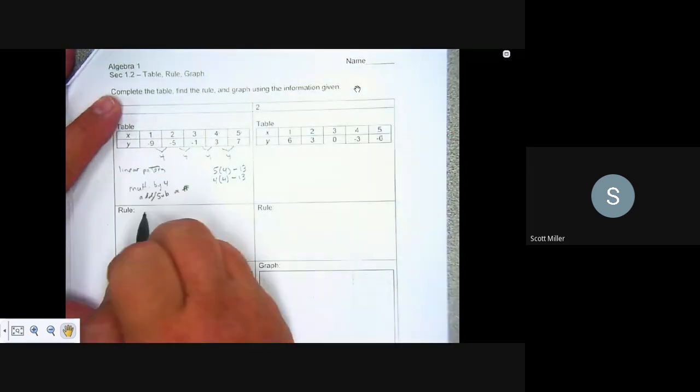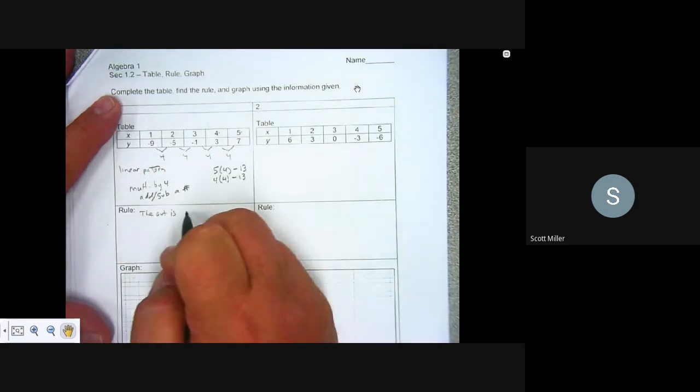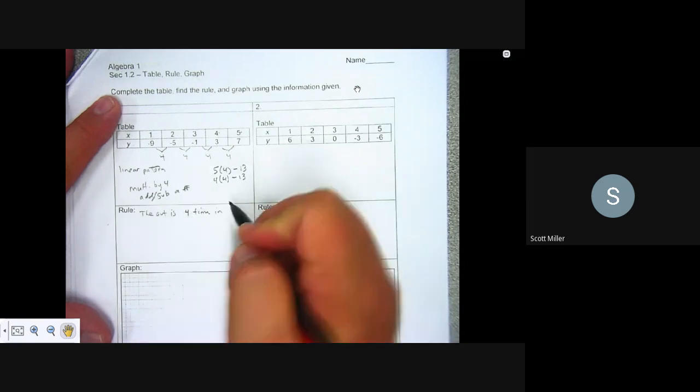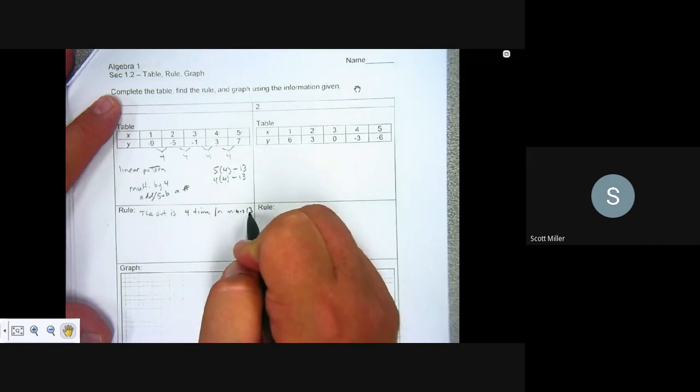So then my rule would be the out, or the Y, is 4 times the N minus 13.